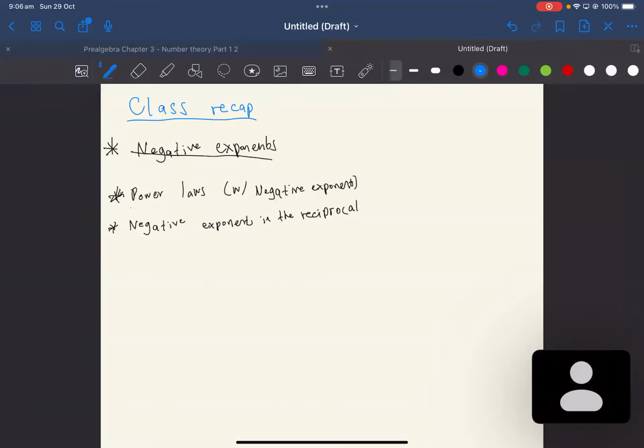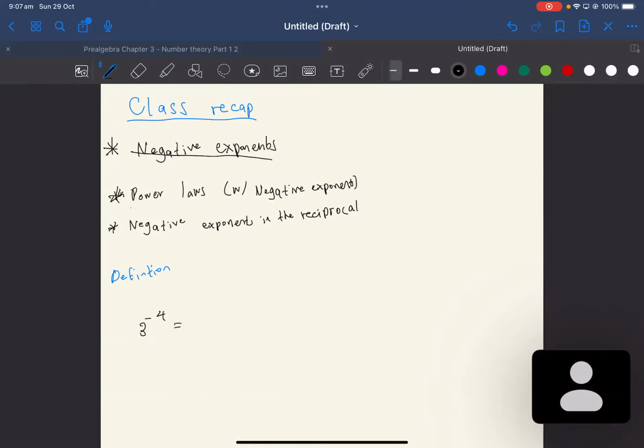So let's go through the basic definition of negative exponents. Before we do that, let's do an example. Let's say we had 3 to the power of -4. It becomes 1 over 3 to the power of 4. That's what you do to simplify it and convert it to a positive power.